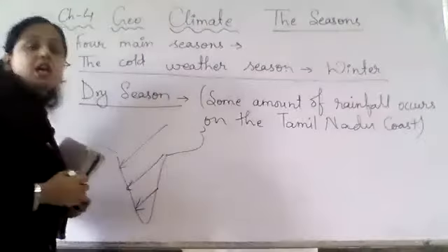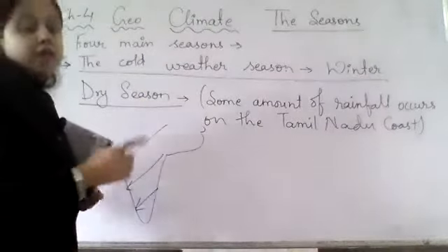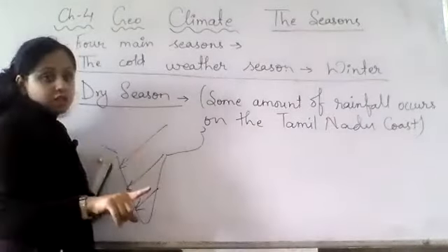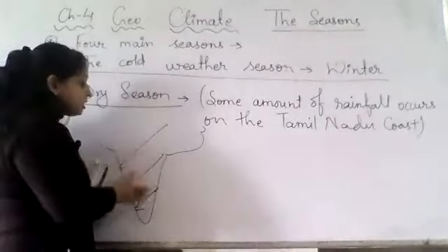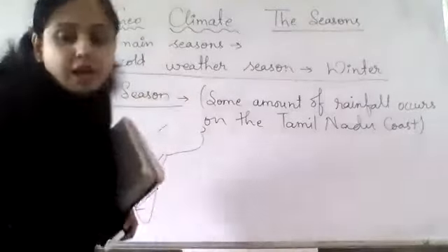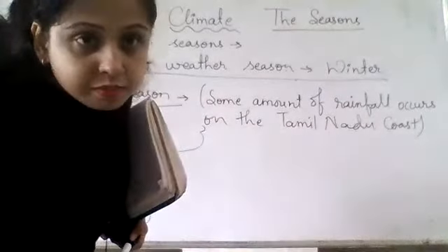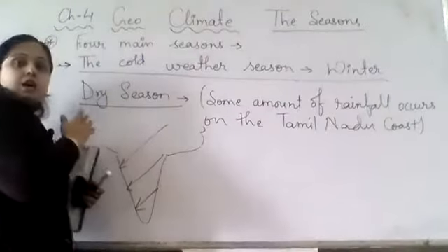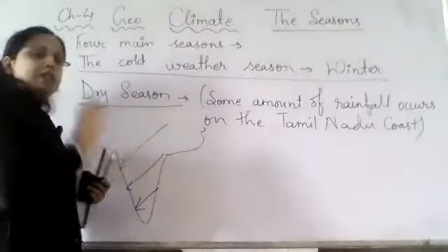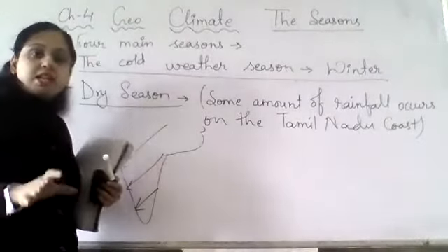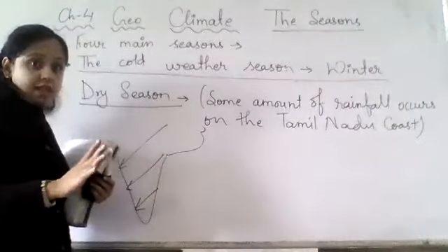It is coming from the land. So when it comes from land, it will not have moisture, and that is why the winter season remains dry. There is no rainfall, you can see. So these northeasterly winds are coming from land masses, so they don't have moisture, and that is why it remains dry.